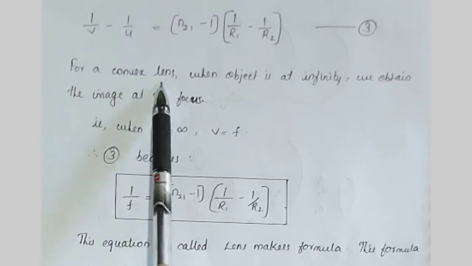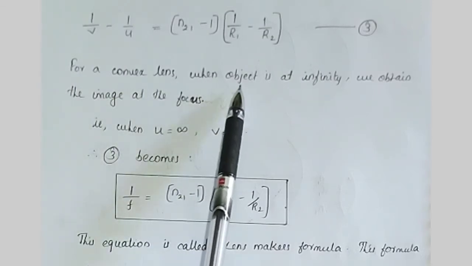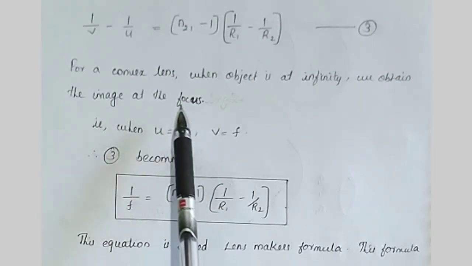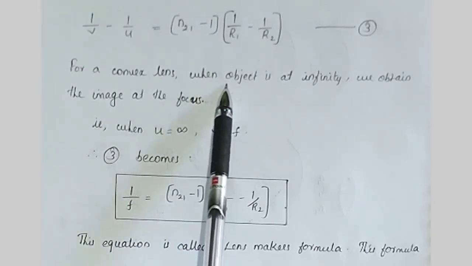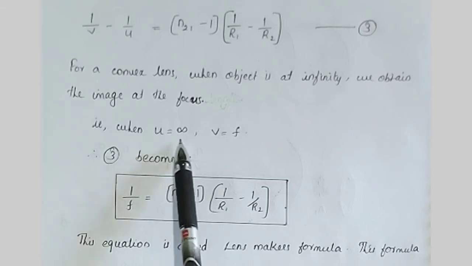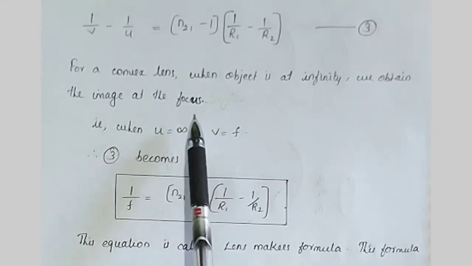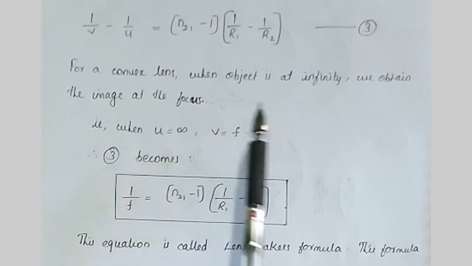And for a convex lens, we know that when the object is at infinity, we obtain an image at the focus. So, if we consider the object distance as infinity, that is u is equal to infinity, v will be the focal length, that is, the image is obtained at the focus.